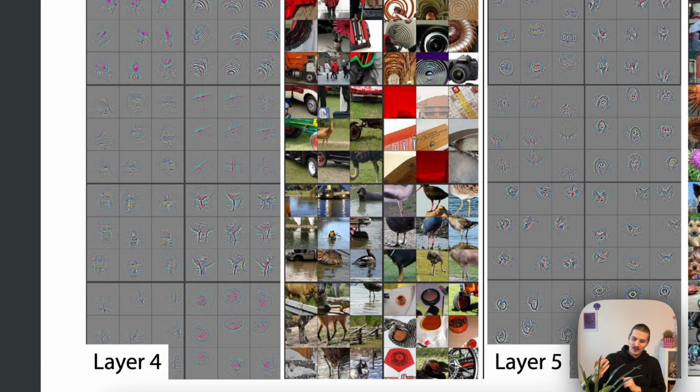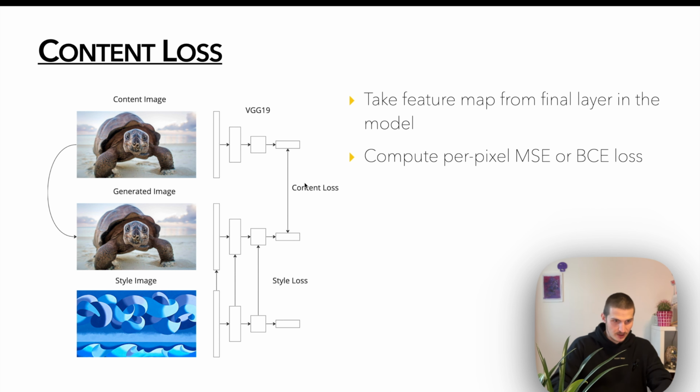So deeper layers in the network are responsible for detecting more complex patterns in the picture. And so this is why when we compute content loss, we only connect the final representation. So it is going to look at, in this case, a turtle.